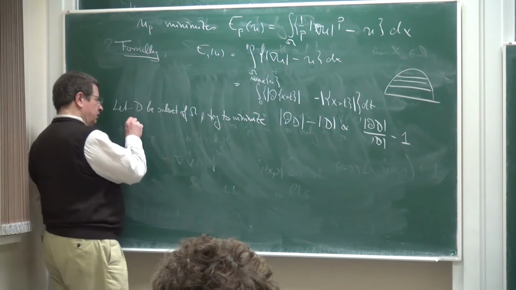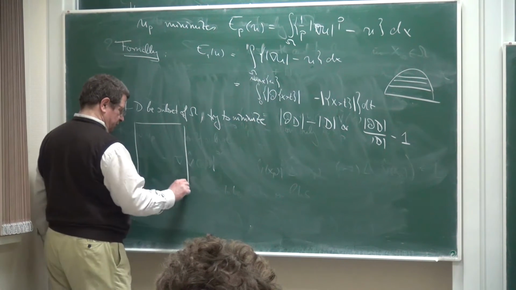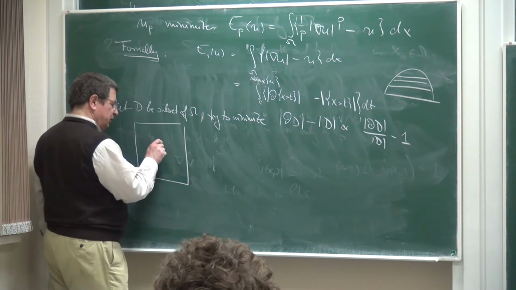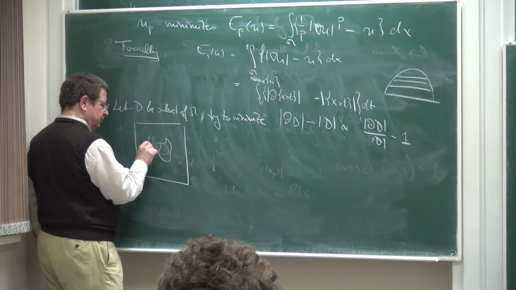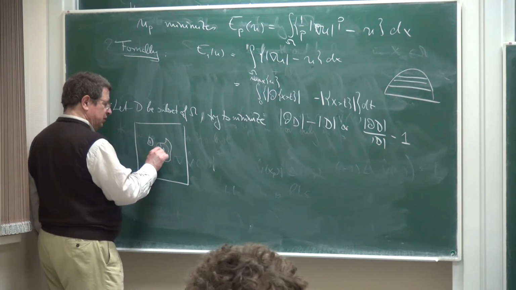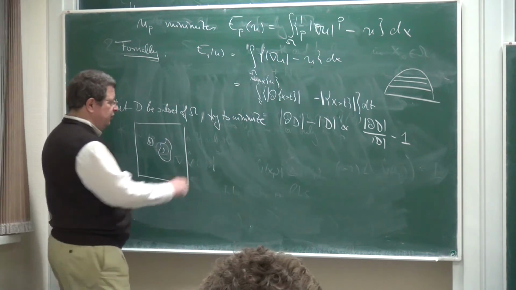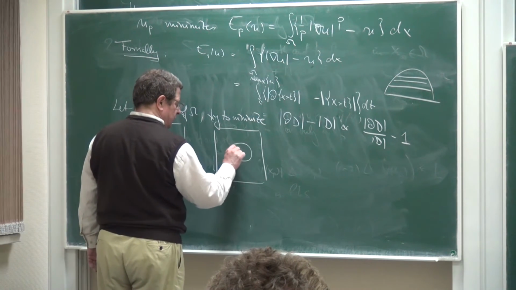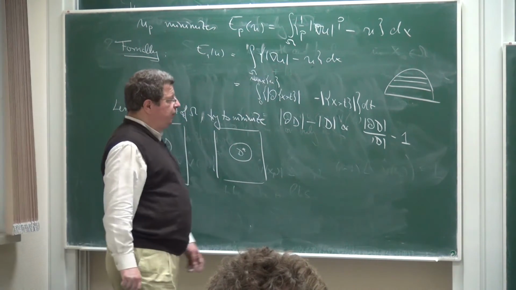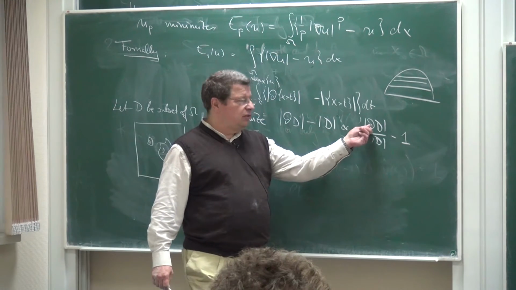And let's do this, say, for a square. If D is a small set, then the square may have more than one component. Then we can replace it by a disk D star that leaves this invariant and makes this smaller.